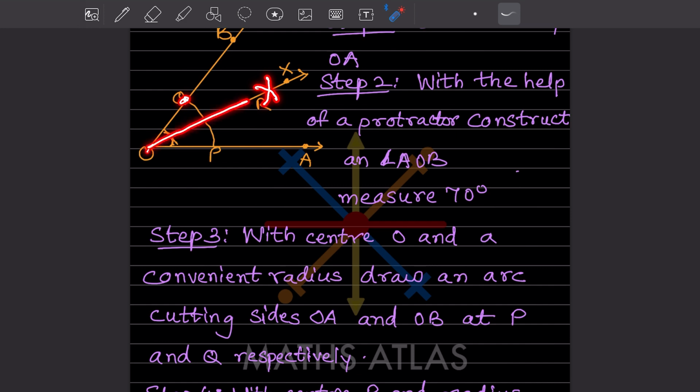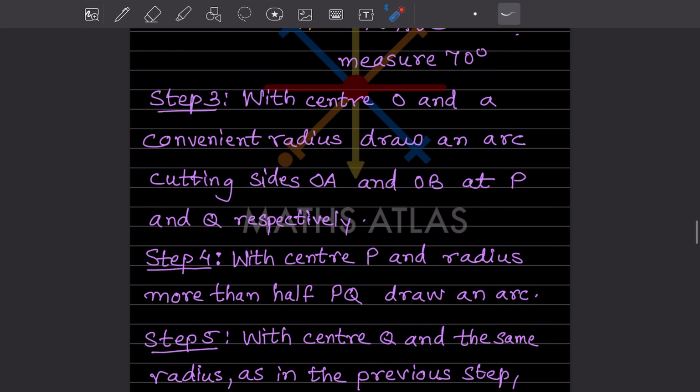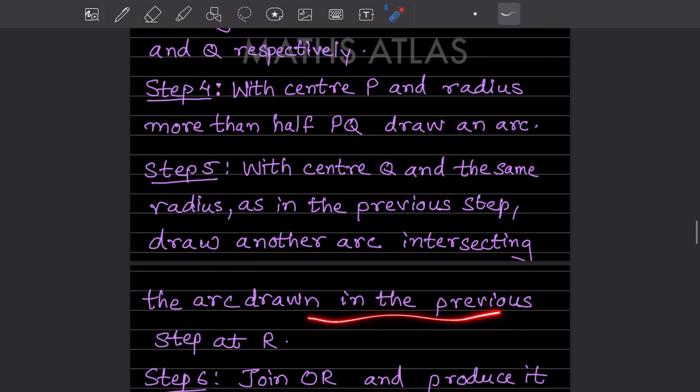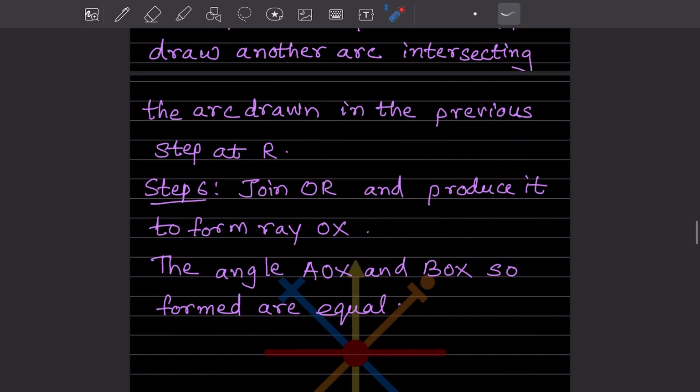Whenever you draw this, when both arcs intersect, put a point over here so that the line you draw is a perfect one. So with center P and radius more than half PQ, draw an arc. With center Q, and the same radius as in the previous step, draw another arc intersecting the arc drawn in the previous step at R. Join OR and produce it to form a ray OX.